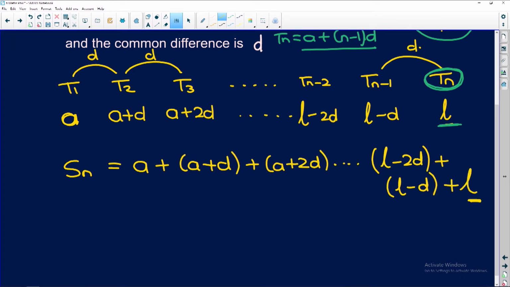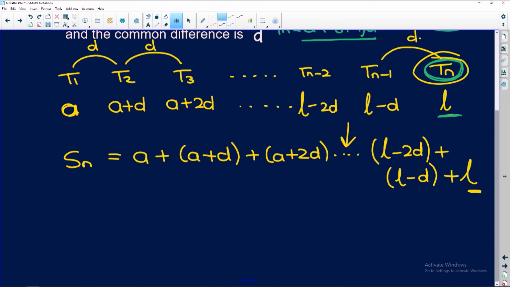Remember, the last term corresponds with Tn. In here are all the missing terms that I didn't write out.